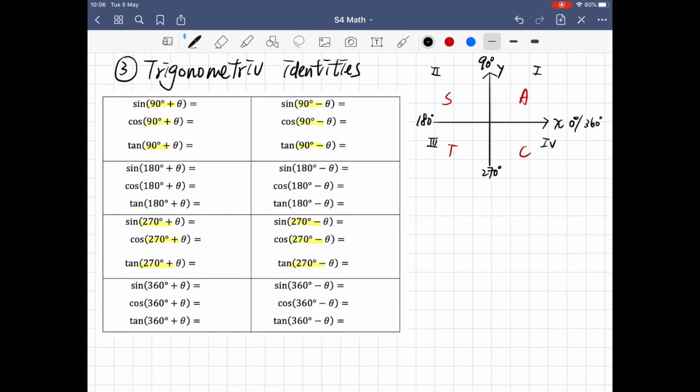So for 90° plus or minus or 270° plus or minus, sine will change to cosine. And then cosine will change to sine.